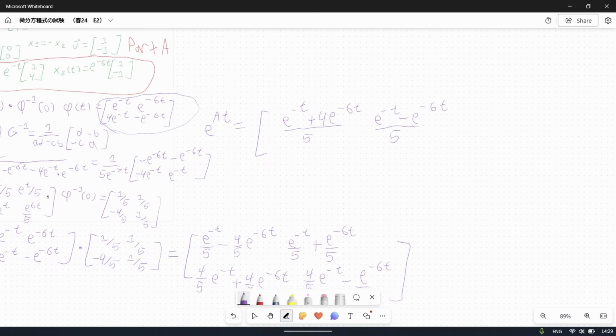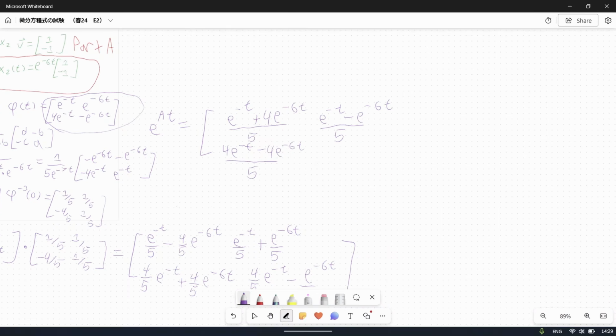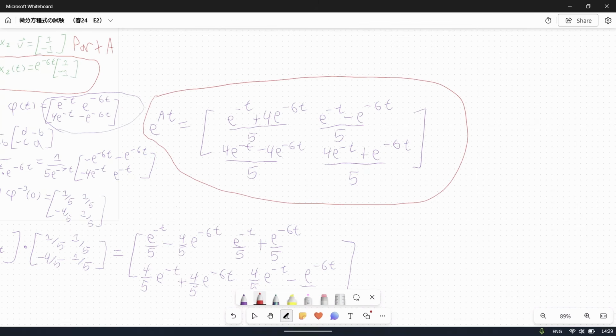And then we end up with 4e to the negative t minus 4e to the negative 6t over 5 again. And then once again down here, we end up with 4e to the negative t plus e to the negative 6t over 5. And once again, if I didn't make any algebra mistakes, this should be the final matrix exponential.